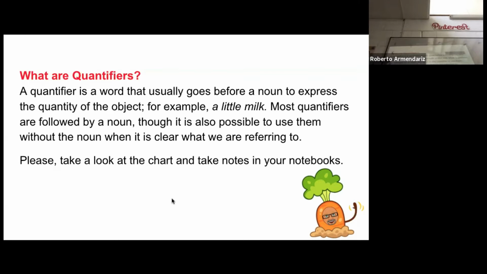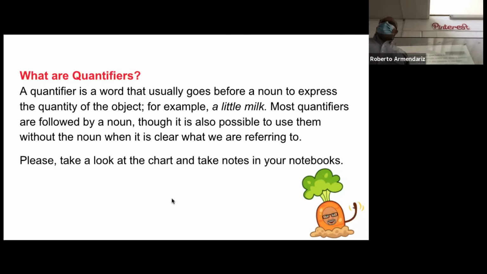Quantifiers. A quantifier is a word that usually goes before a noun to express the quantity of the object. For example, a little. Most quantifiers are followed by a noun, though it is also possible to use them without the noun when it is clear what we are referring to.